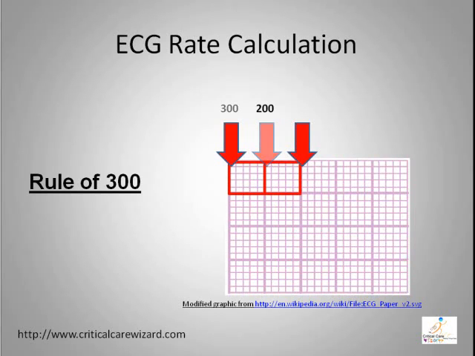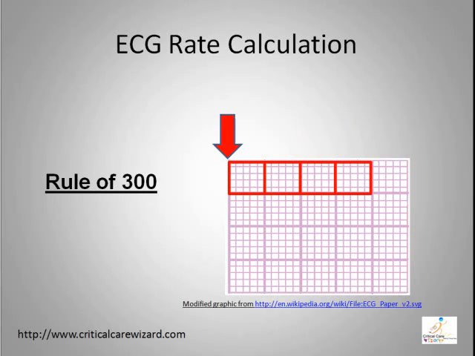If 2 ECG waves fall in 2 big boxes, heart rate is between 150 to 200 per minute. If 2 ECG waves fall in 3 big boxes, heart rate is between 100 to 150 per minute. If 2 ECG waves fall in 4 big boxes, heart rate is between 75 to 100 per minute. If 2 ECG waves fall in 5 big boxes, heart rate is between 60 and 75 per minute.